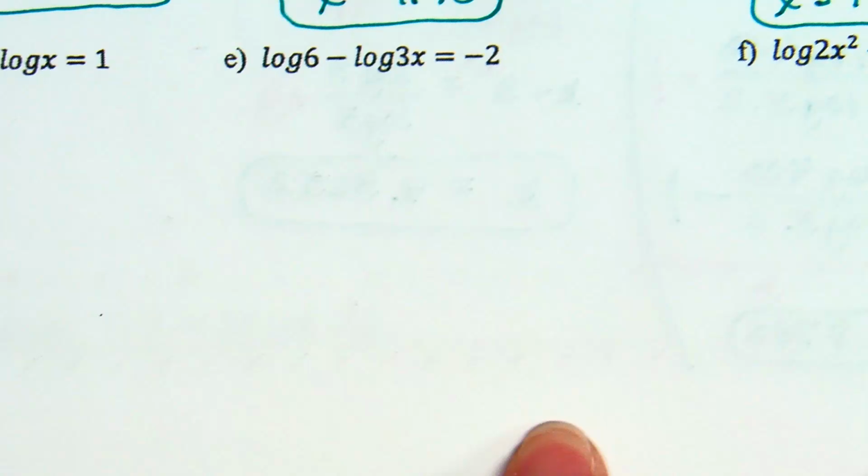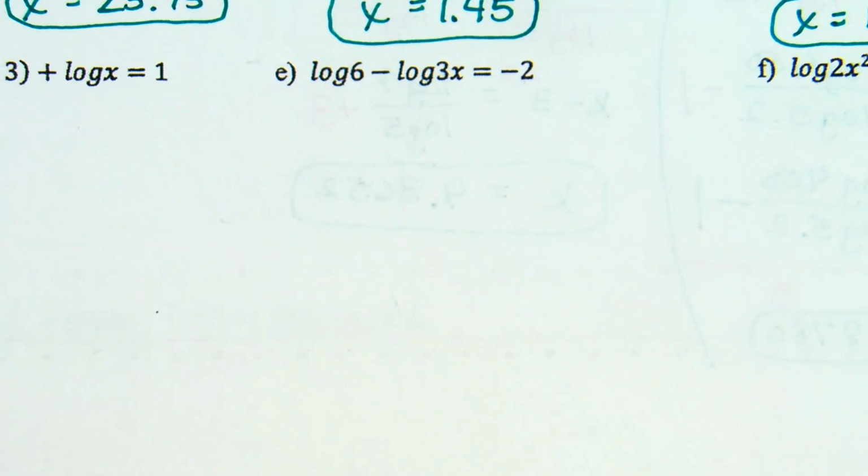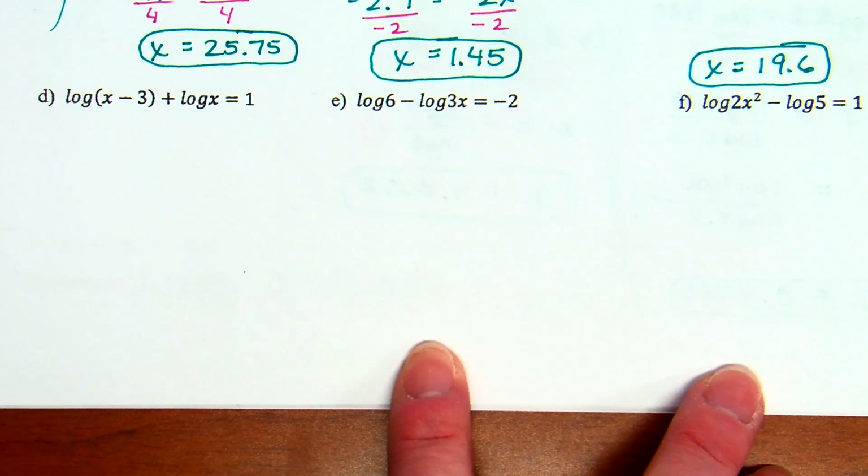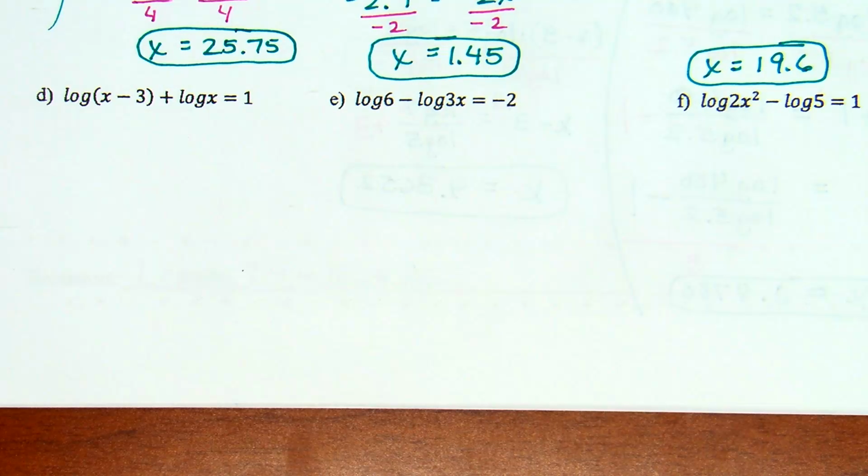And whether we go to D, E, or F, what's different about all three of these on the bottom row? Okay, there's more than one log in all of these, right? So in order to use our phrase left, right, middle, we are only allowed to have one log.